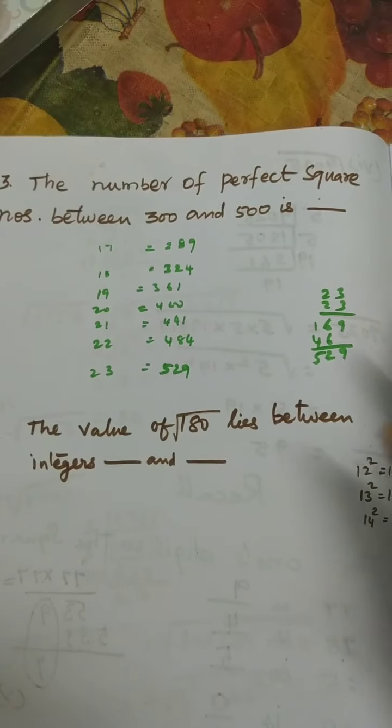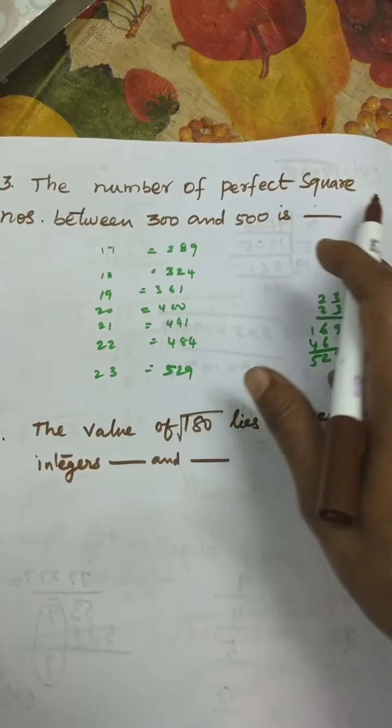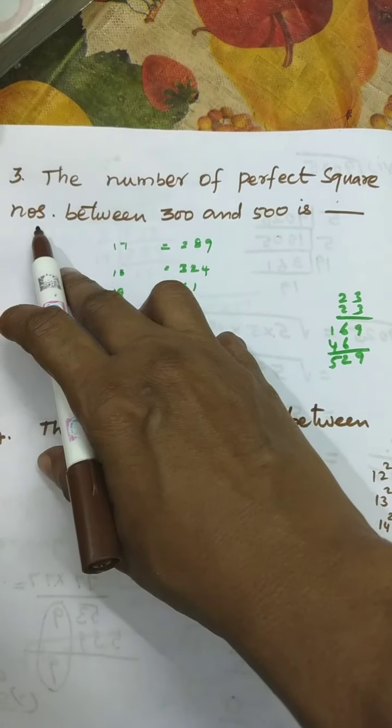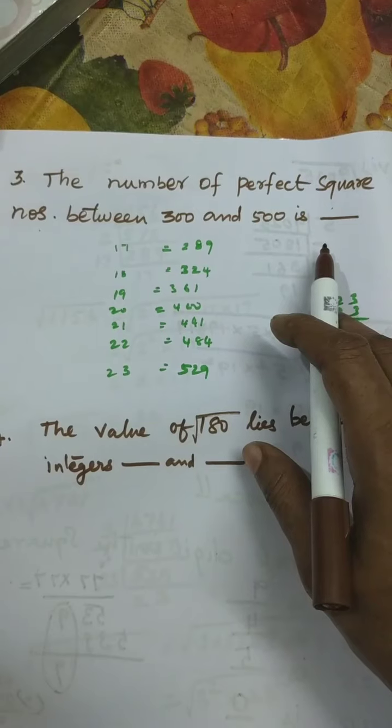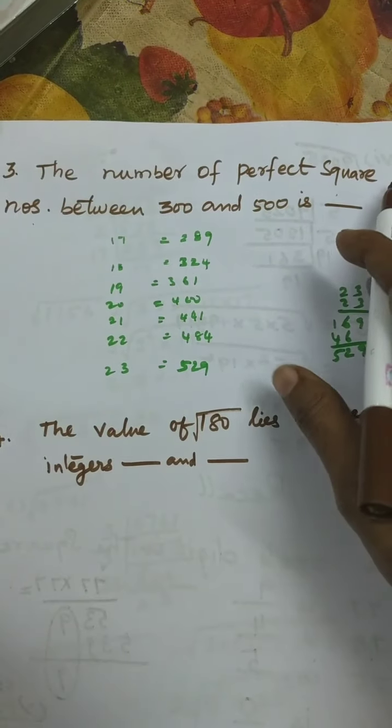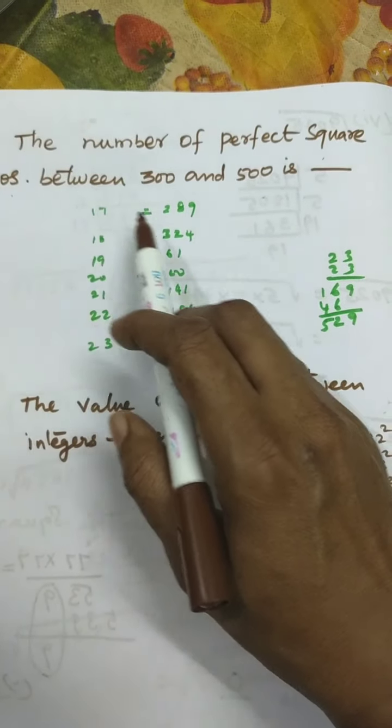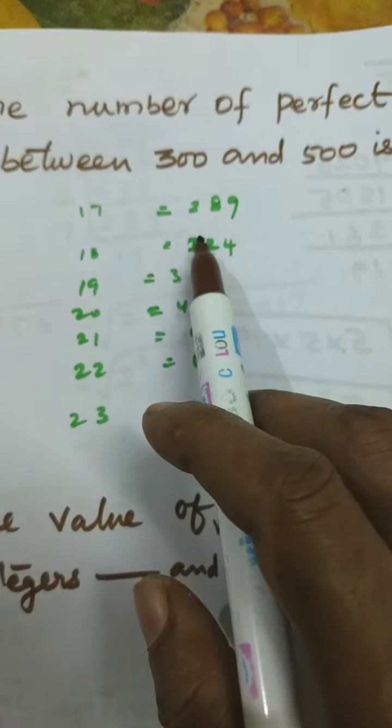Okay, the number of perfect square numbers between 300 and 500. 17 squared is 289.